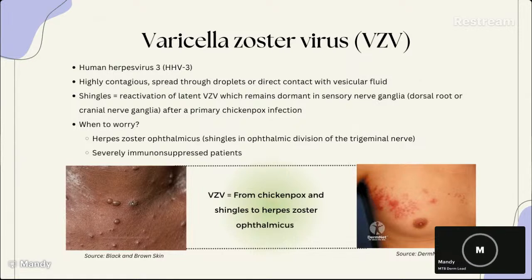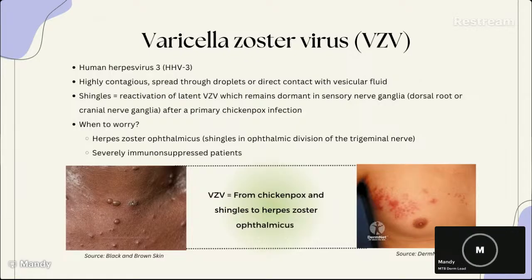We would also be worried in severely immunosuppressed patients. For example, somebody with a background of HIV, if they're not on any antiretroviral medications and have a high viral load, that would make them more susceptible to not only VZV or shingles, but other opportunistic infections.